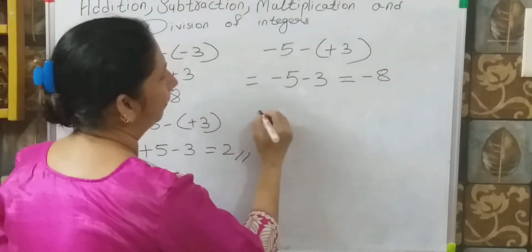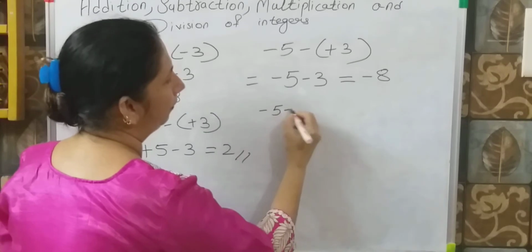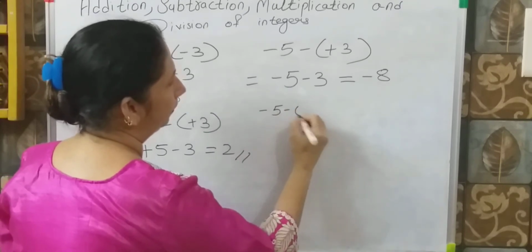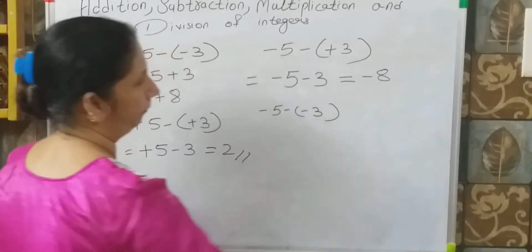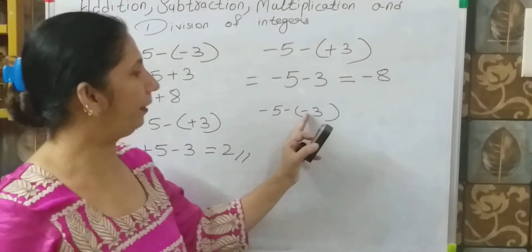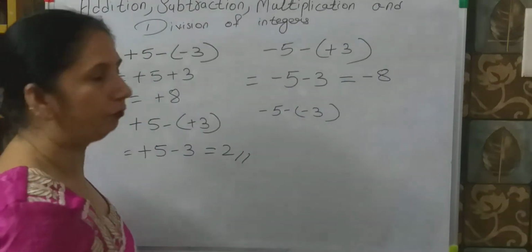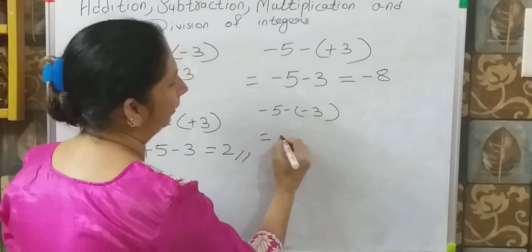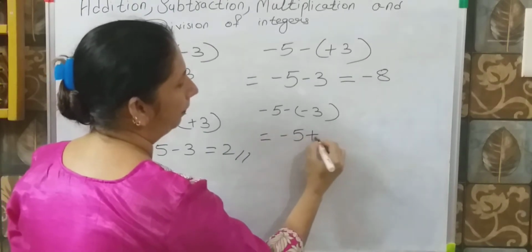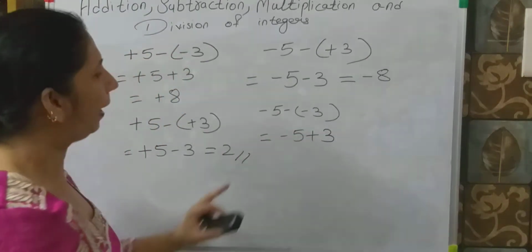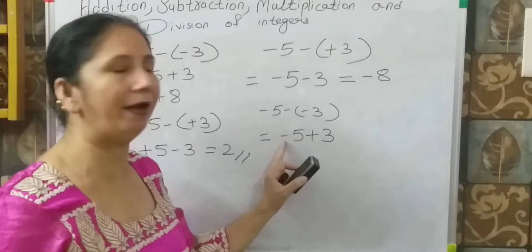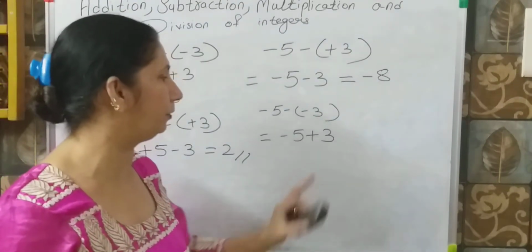Suppose we have minus 5 minus minus 3. Now two negative signs will convert into a positive sign. So we will write minus 5 plus 3. Now here minus 5 plus 3. One is a negative sign, the other is a positive sign.